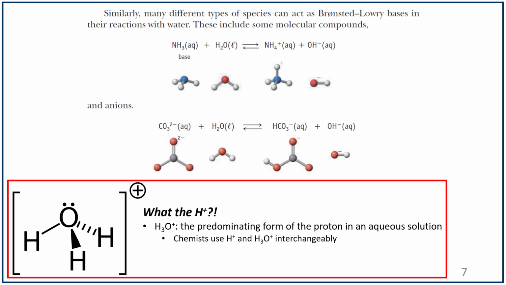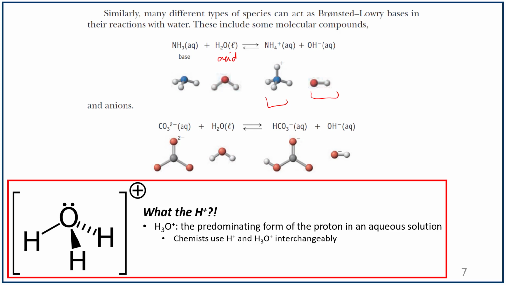Now, the same goes with bases. Bases are going to react with acids too. Here, water is behaving like an acid. When water behaves like an acid in the presence of ammonia, it gives up a proton to ammonia to produce the ammonium ion, and water, being deprotonated, is left behind with just the hydroxide ion.